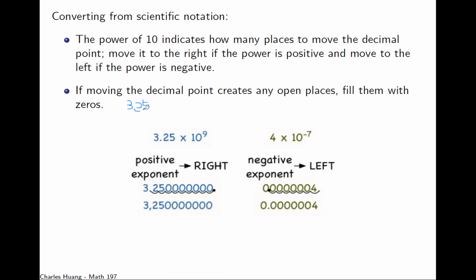I'll move my decimal place 1, 2, 3, 4, 5, 6, 7, 8, 9. 9 decimal places. And all these empty spots, we're going to fill them up with 0 like this.